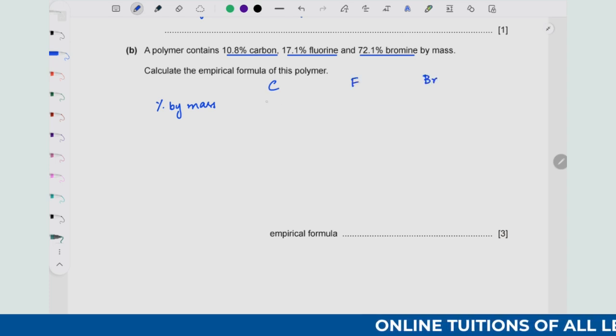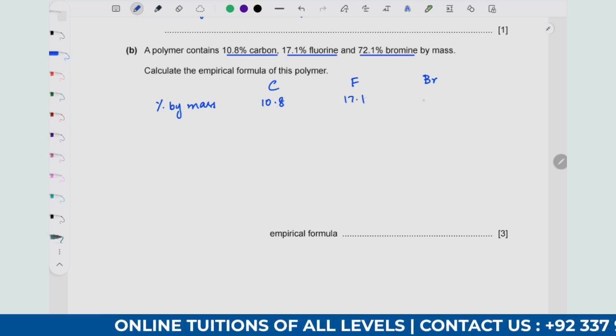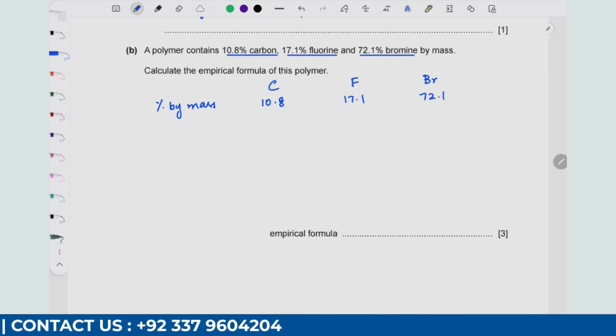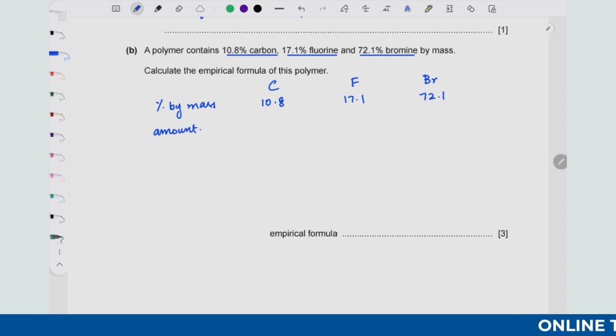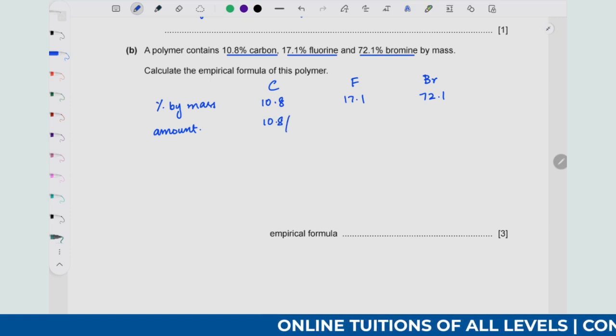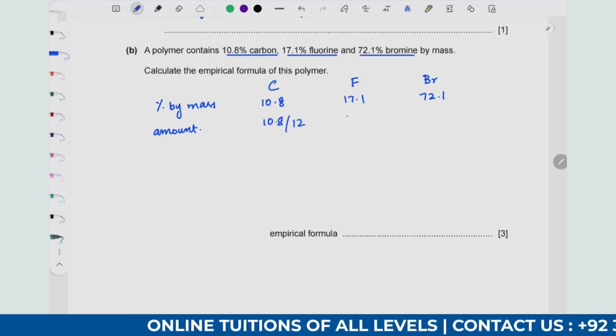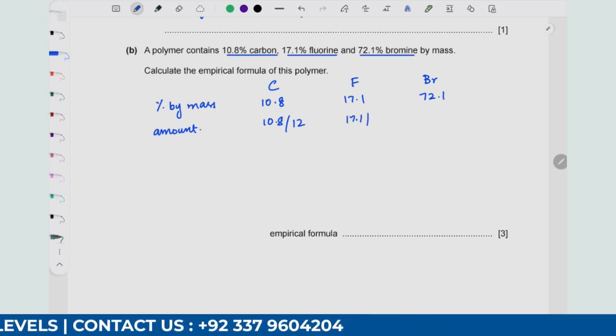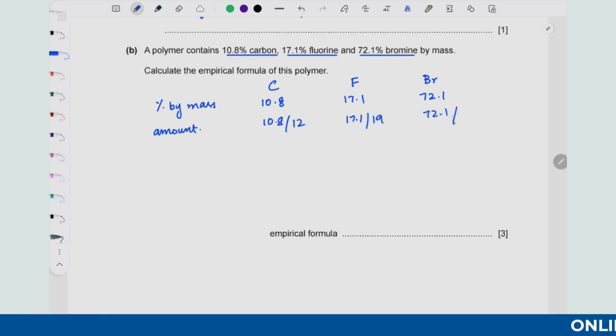For carbon it is 10.8, for fluorine it is 17.1, and for bromine it is 72.1%. Now let's calculate the number of moles of each element. It will be 10.8 divided by the Ar of carbon, which is 12. Then 17.1 divided by the Ar of fluorine, which is 19, and for bromine it's 72.1 divided by the Ar of bromine, which is 80.